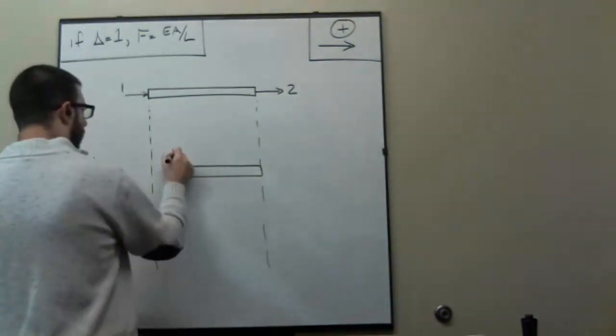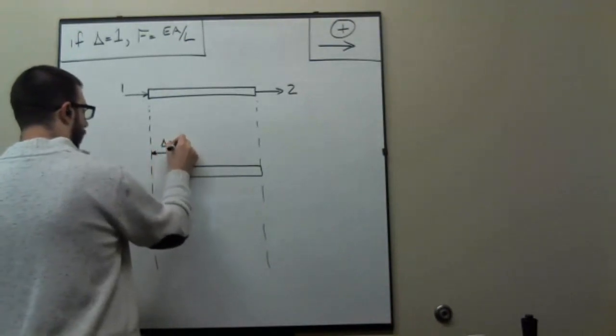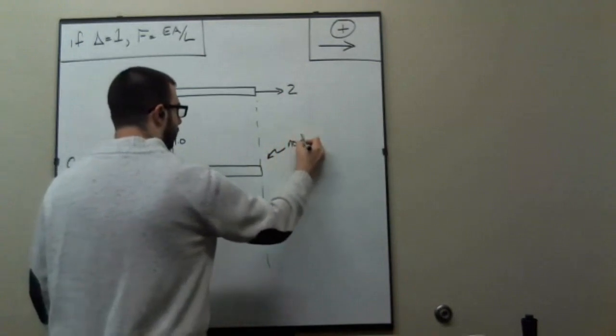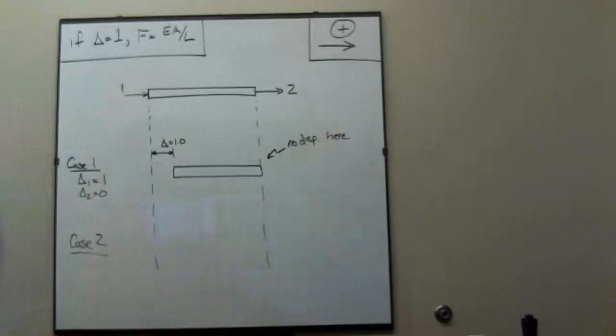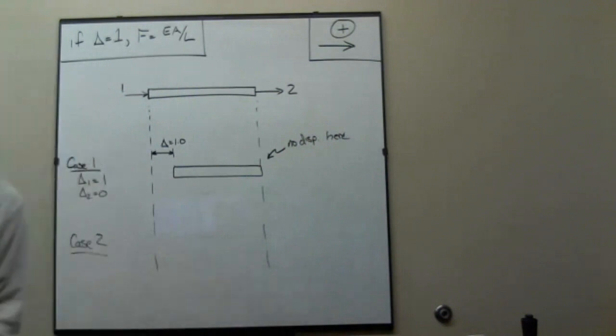To where this displacement is 1 and no displacement here. Does that make sense? So I've got a displacement of 1 and a 0 displacement here. Does that make sense?